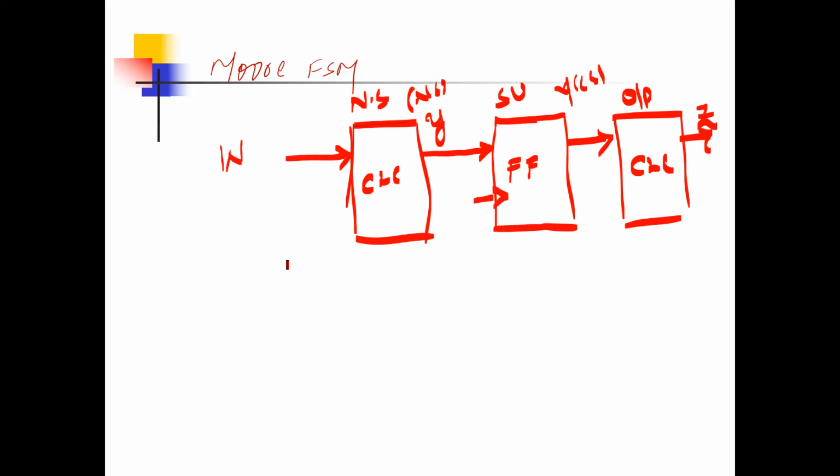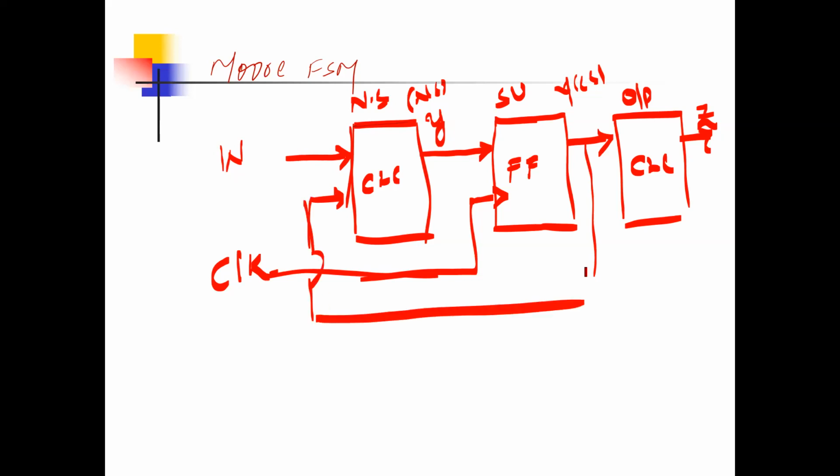This combinational logic doesn't require any clock, so the clock is applied only to the flip-flop. The current state is connected to the input side to find the next state. Yes, this is the simple diagram for the Moore state machine.